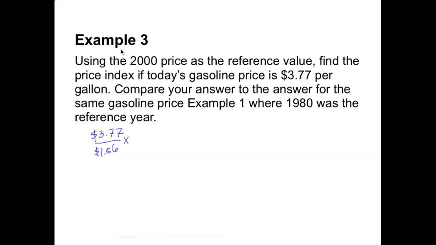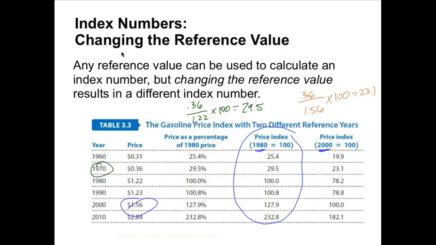And we'll multiply that by 100. And that gets me 241.7 as my price index. So basically that's just saying we're paying 241.7% of the price we paid in the year 2000 for gas.